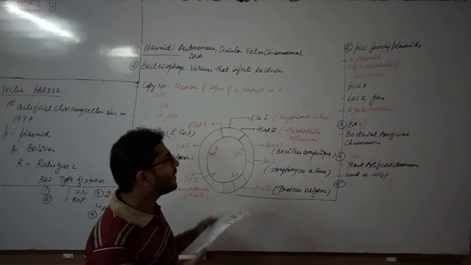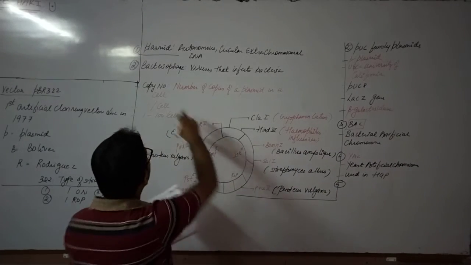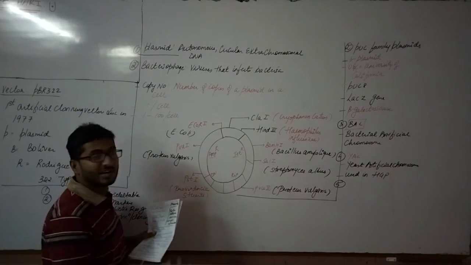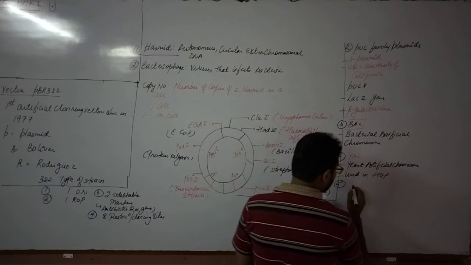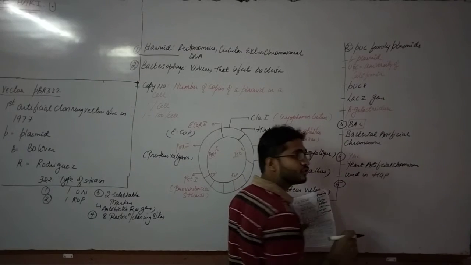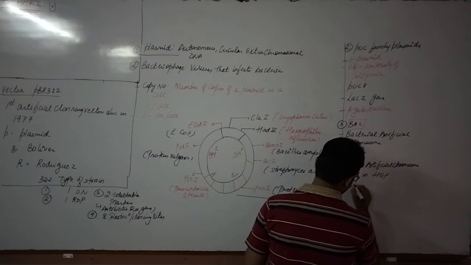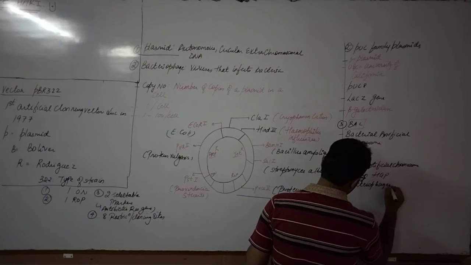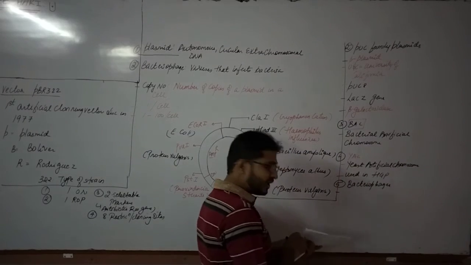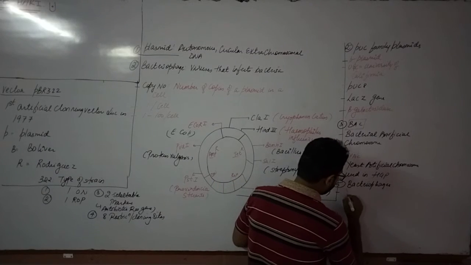Right? Apart from this, we can have bacteriophages also acting as vectors. What are bacteriophages? They are the viruses that infect the bacteria. So bacteriophages include lambda phage and M13 phage. Examples are very important.